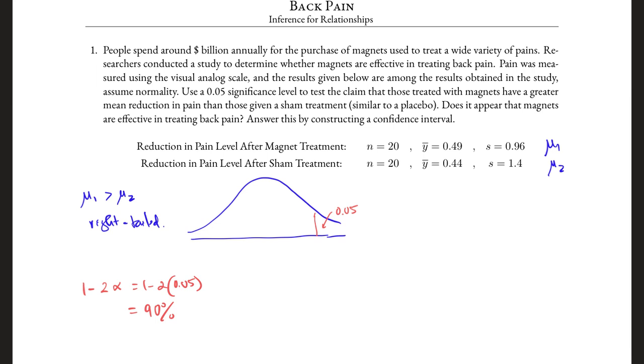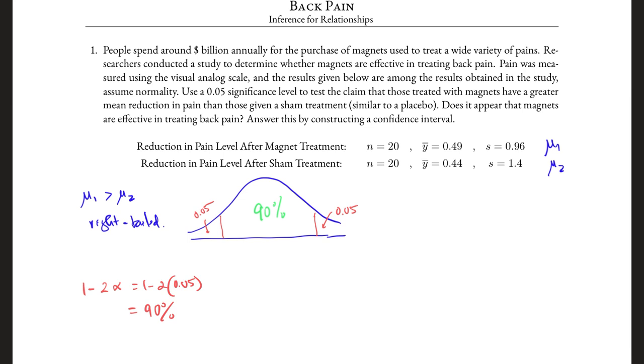Even though 1 minus alpha is 95%, a confidence interval has the left tail and the right tail, and so if we want the right tail to be 0.05, then the left tail would need to be 0.05, and this is why this confidence interval is a 90% confidence interval instead of the 95% confidence interval.